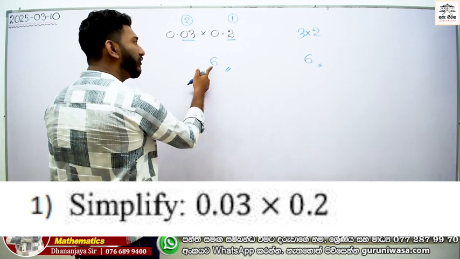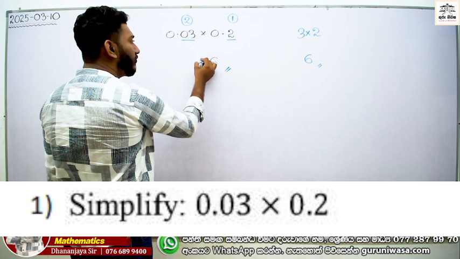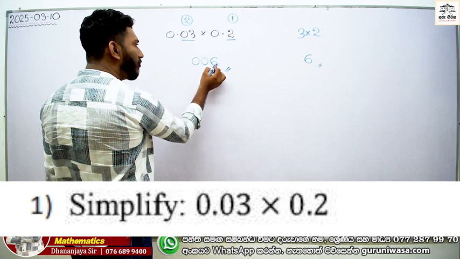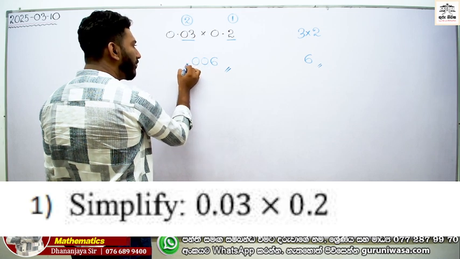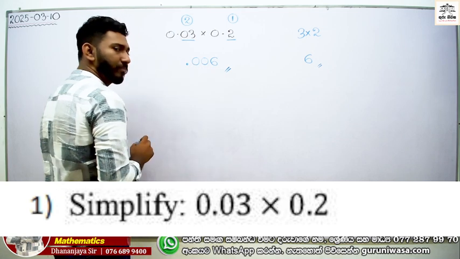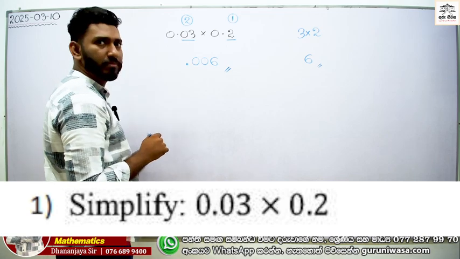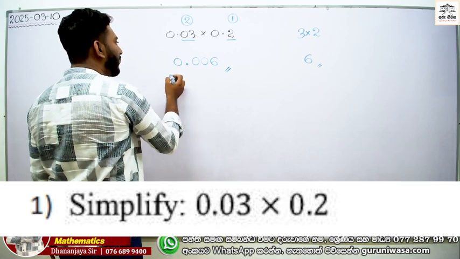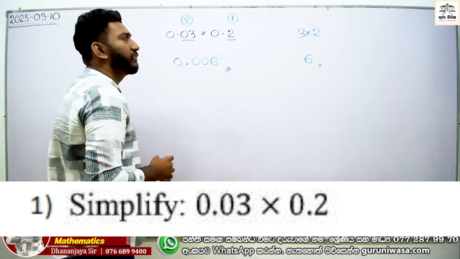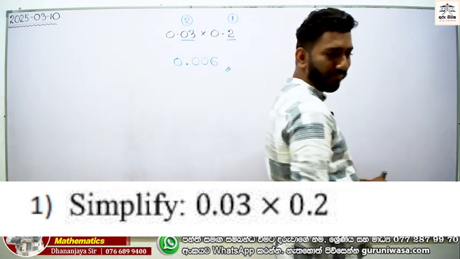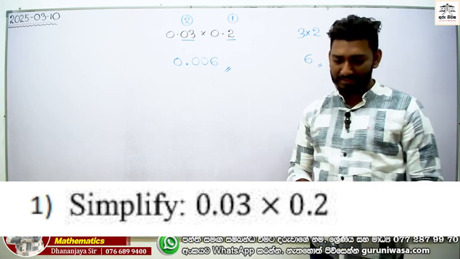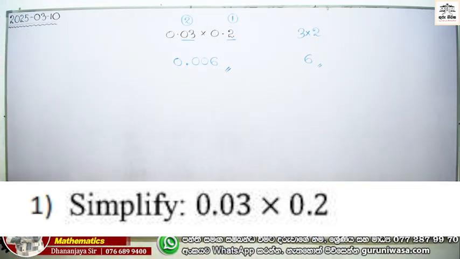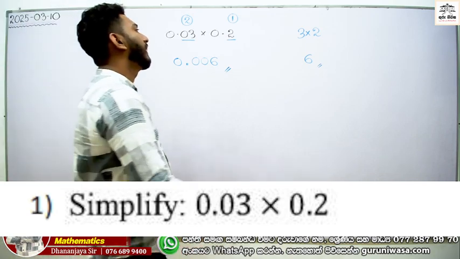Now listen, here is only 1 digit, therefore we need to put 2 zeros in front of the 6. Now 1, 2, 3 decimal places. Therefore we need to write 0.006, and this is the answer. This one is very easy.